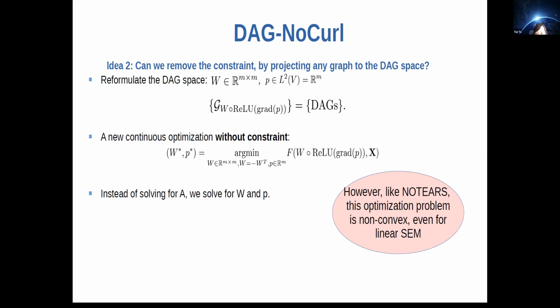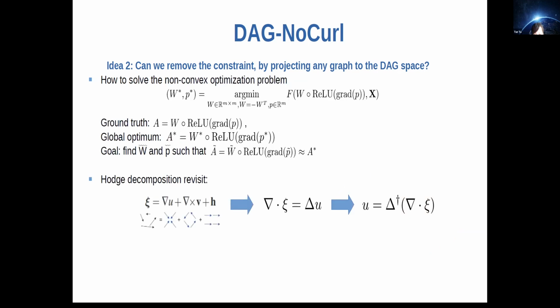However, this problem is non-convex. So like NOTEARS, it suffers from optimization difficulties. Therefore, here comes the projection method, and we get inspiration from it to modify this. So for the pressure projection, how do we get it? Basically, we take a divergence on both sides, then we get a Laplacian equation for the pressure P and solve for that.